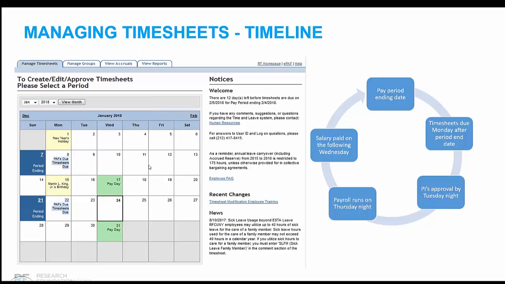The employees will have to submit their timesheets on the Monday immediately after the pay period end date. As a PI, you would approve your timesheets by Tuesday. Payroll will run on Thursday night, and then the timesheets will be uploaded and the payment will occur the following Wednesday, which is indicated in green.